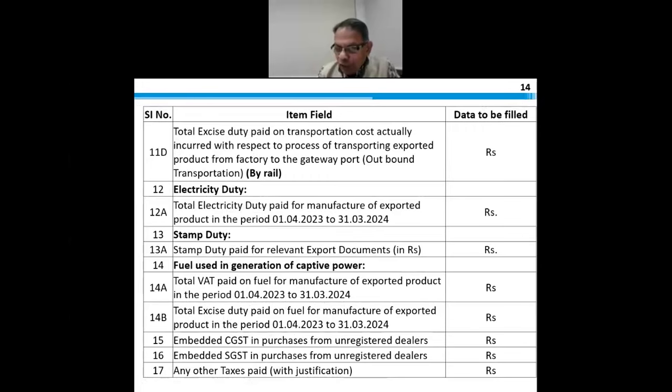Comparatively, you have less problem in calculating electricity duty. Why? Because you have the electricity duty bill with you. Per month you are paying XYZ amount multiplied by 12, total electricity duty you paid, and a simple calculation you can do. What is the percentage of export in production?